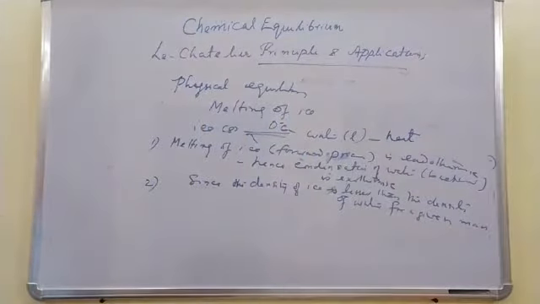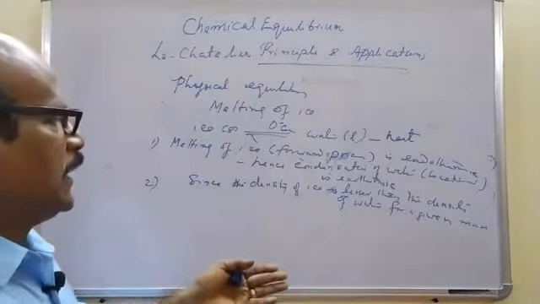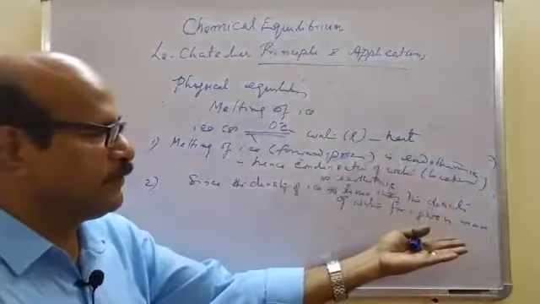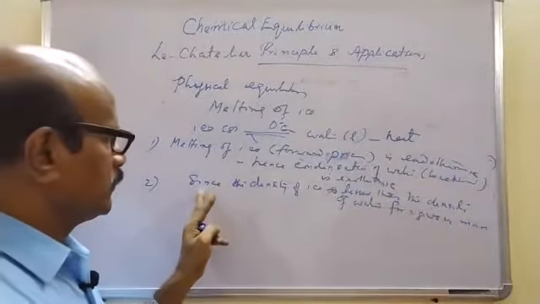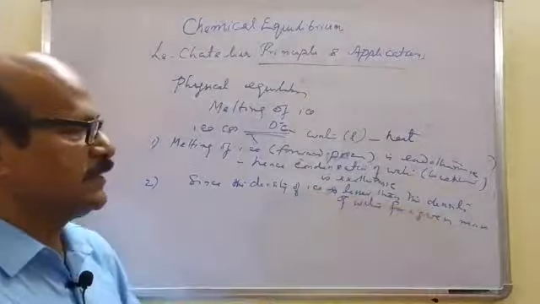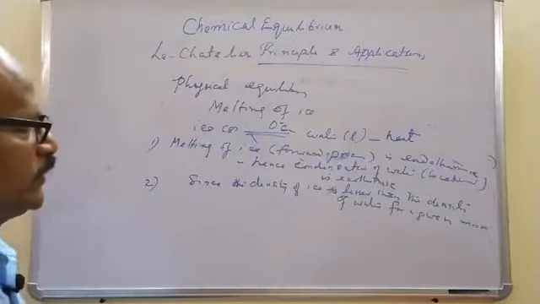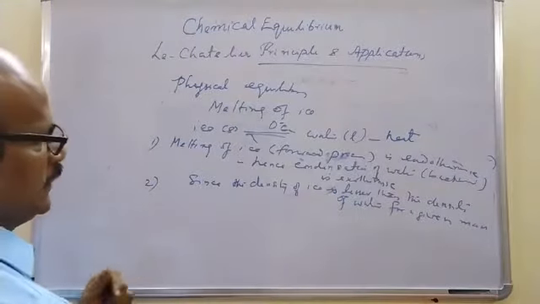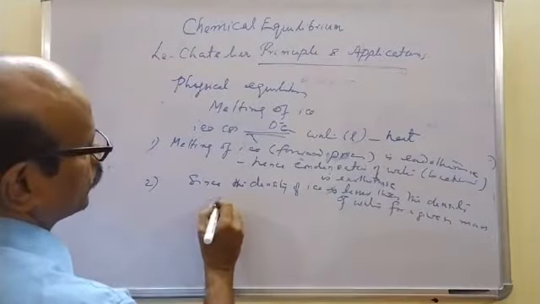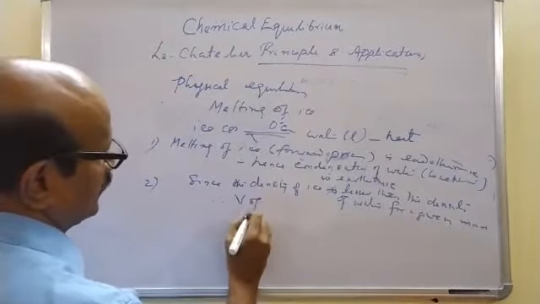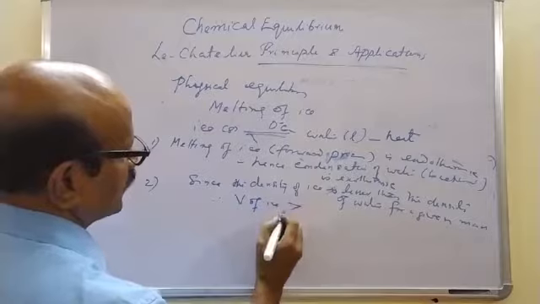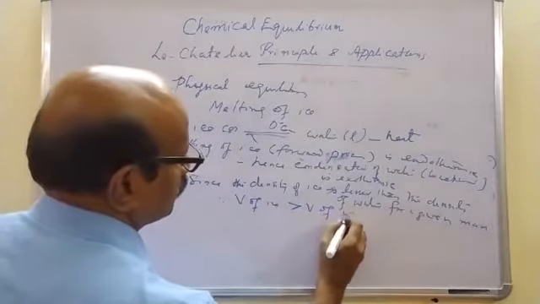മാസ് എടുത്തു കഴിഞ്ഞാൽ, പെർട്ടിക്കുലർ മാസ് ഗ്രാം ഐസ് എടുത്തു കഴിഞ്ഞാൽ അത് അത്രയും മാസ് വെള്ളമായിട്ട് മാറുന്നുവെങ്കിൽ, you have to remember, since the density of ice is lesser than the density of water for a given mass of the substance, that is the volume, therefore the volume V of ice is greater than V of water.